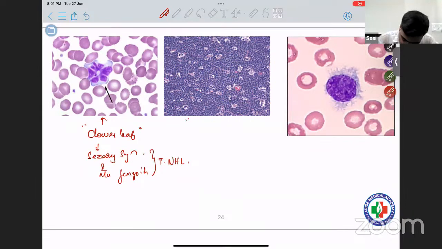Next one, what is the name of this appearance? Yeah, this is known as the starry sky appearance. In which condition will you see this starry sky appearance? Reply in the chat box. Yeah, fine.